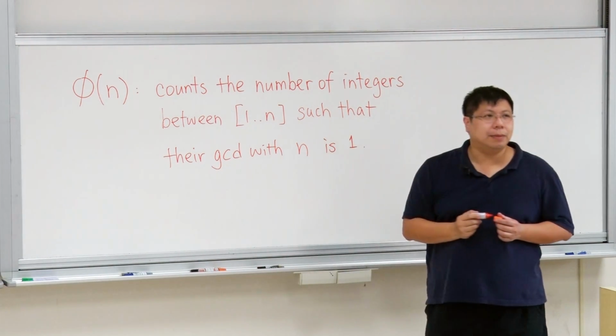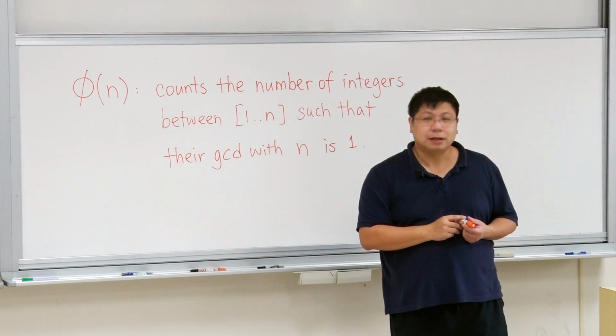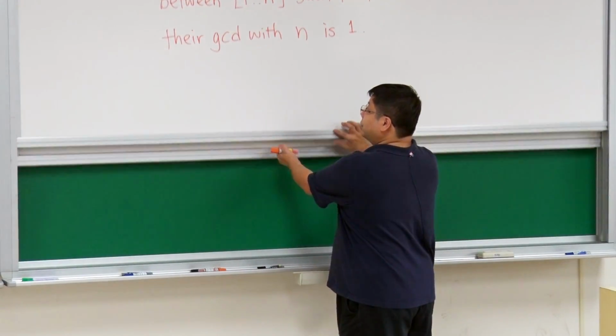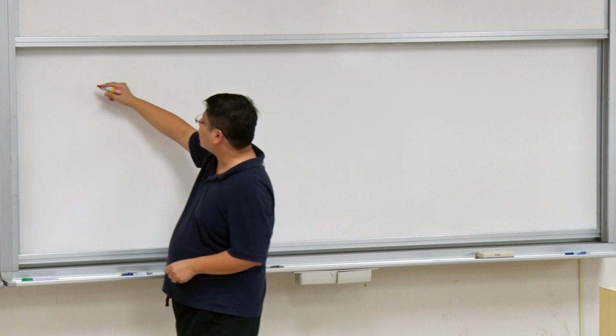So actually, how many numbers are coprime with n? This is the value of phi n. So this is the definition. Let's take a look at some examples.